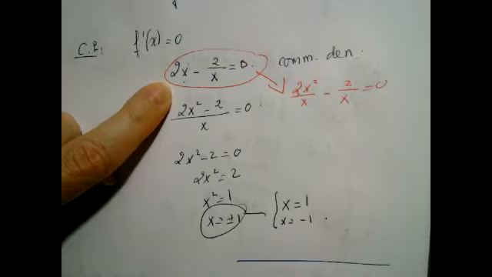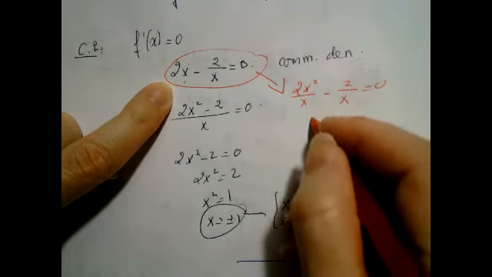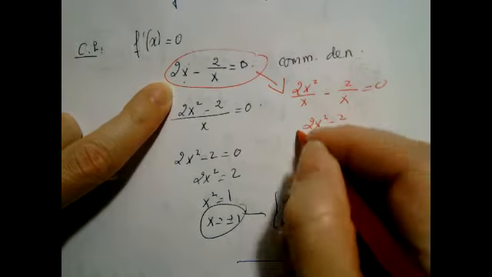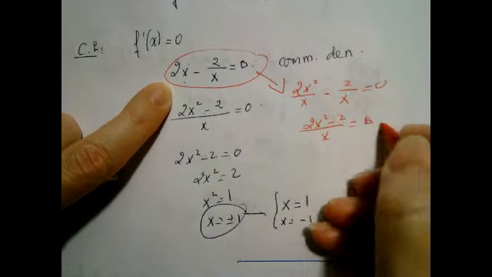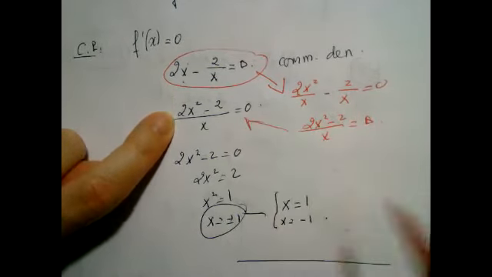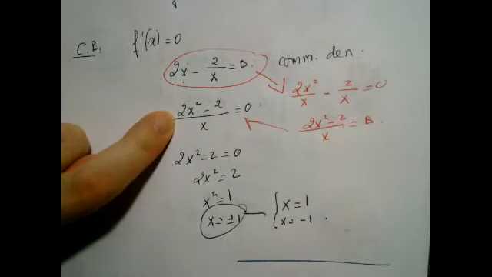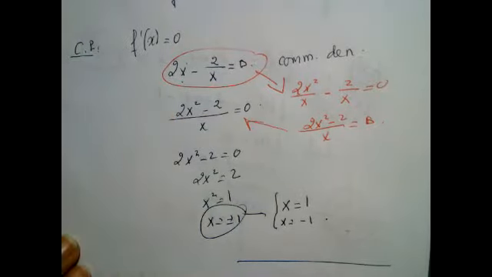Make sense? Okay, now I combine the numerator. And then this will give me that. Okay? So that's how I get the x squared.